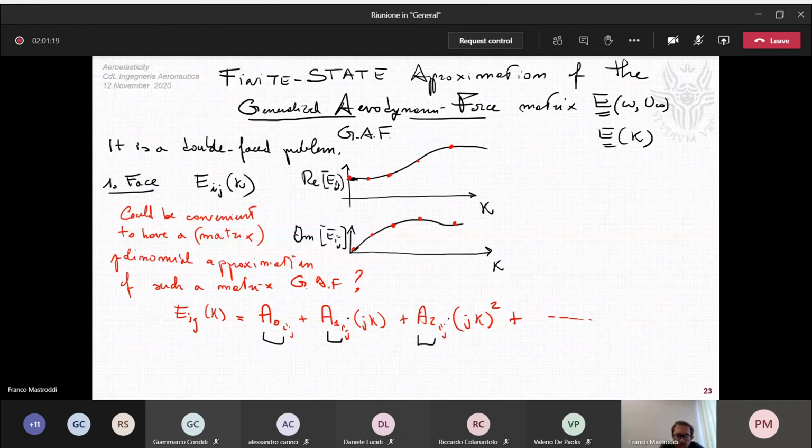Question for you. Does this approximating form make sense for this kind of matrix? Or not?